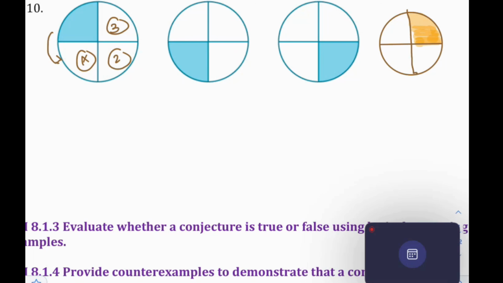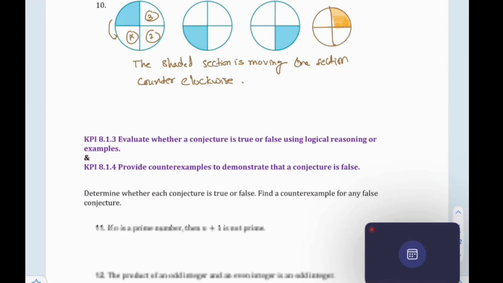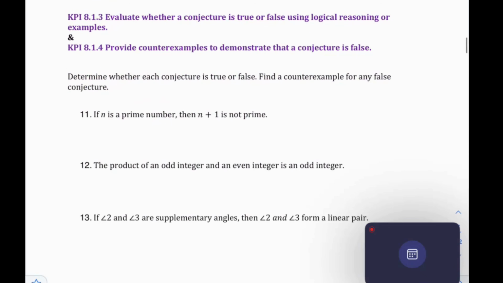So we will say that the shaded section is moving one section, 1/4, counterclockwise. Okay, that's it.